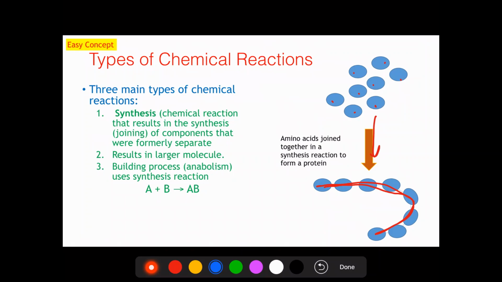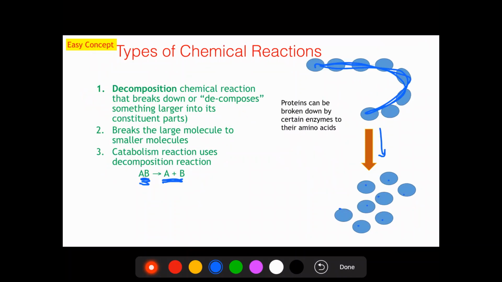In the previous one, the reactants are smaller than the product. But here in this case, it's the other way around. And that's why it is a decomposition chemical reaction.